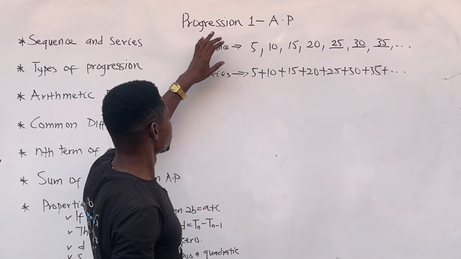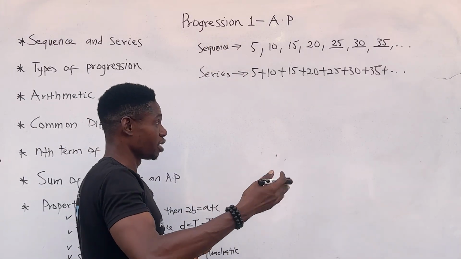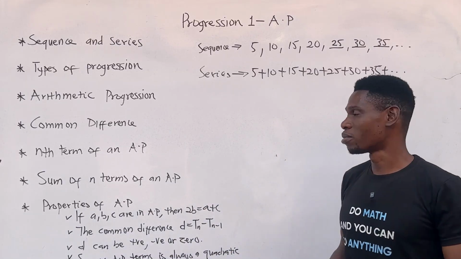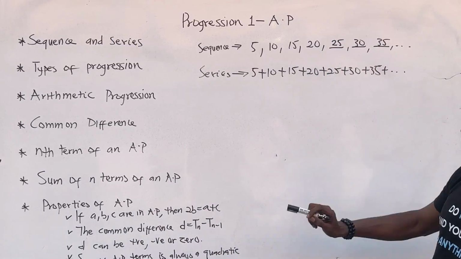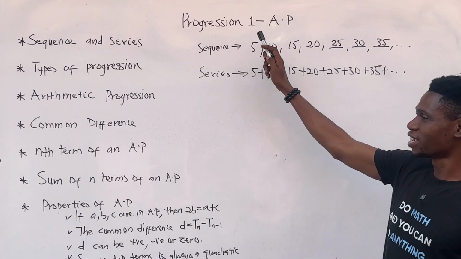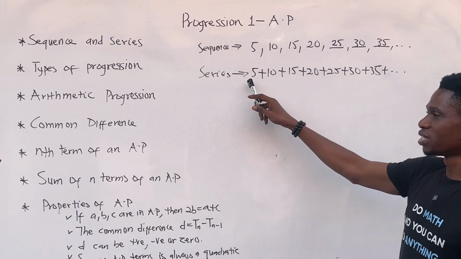Hope you get the difference. In a sequence, you're just having an ordered list of numbers, but in a series, you are adding the terms of the sequence. So a series is just the sum of a sequence.